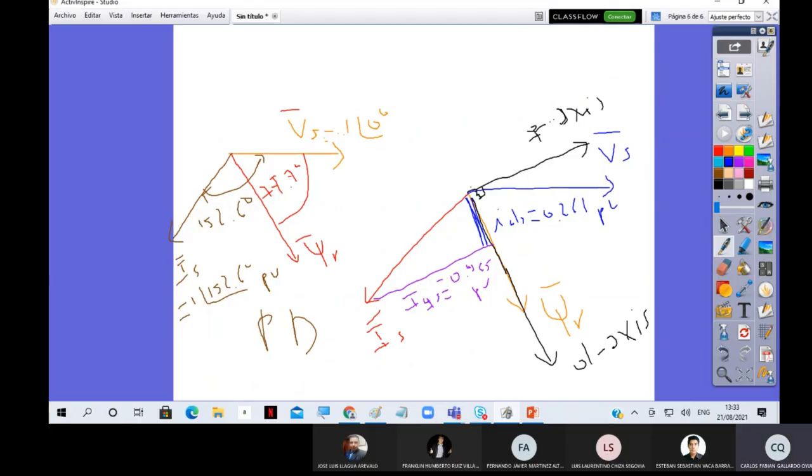Okay, so what about the stator voltage? For the stator voltage, I will have here the quadrature axis component, and this is the direct axis component. Okay, so this is the phasor diagram of the induction generator superimposed with DQ axis.